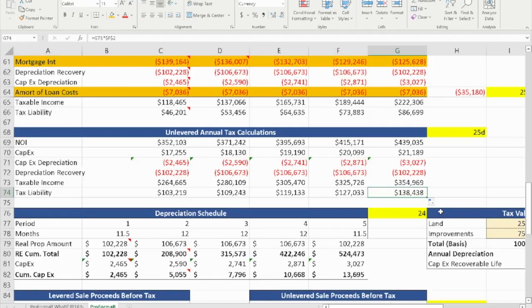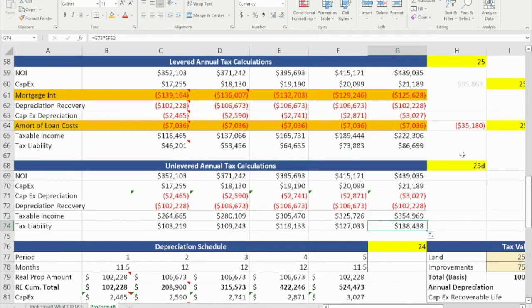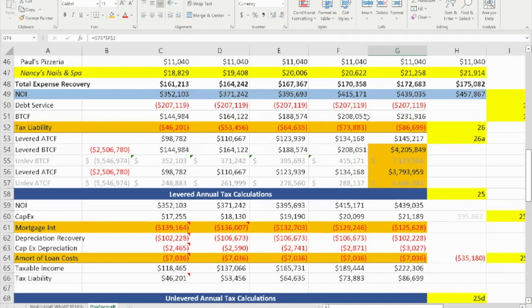Now that you've completed step 25, we're going to go down to step 26. So we're going to bring up the tax liability for the levered tax liability. All we're going to be doing here is referencing this cell here and bringing it up here. So it's going to be equal to negative the tax liability row here. Since it's a negative amount that's coming out of your pocket, you make that number a negative.